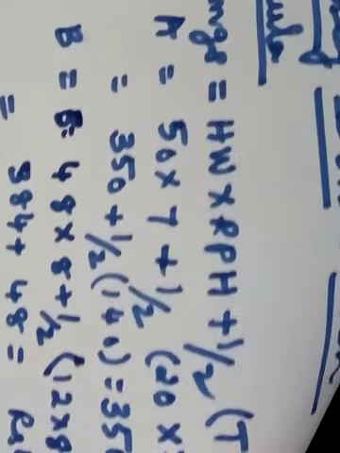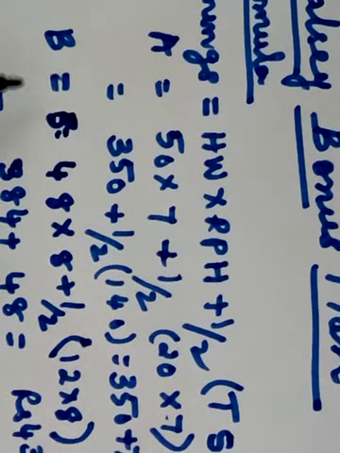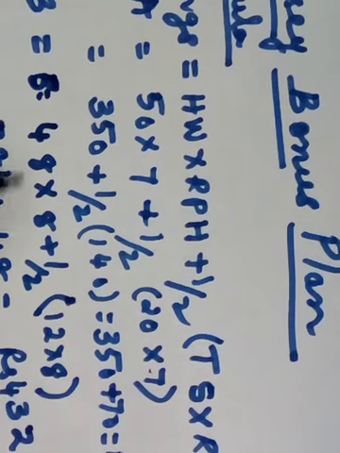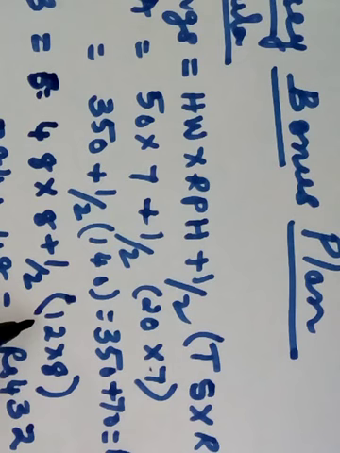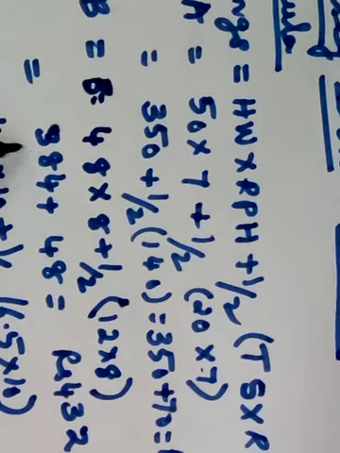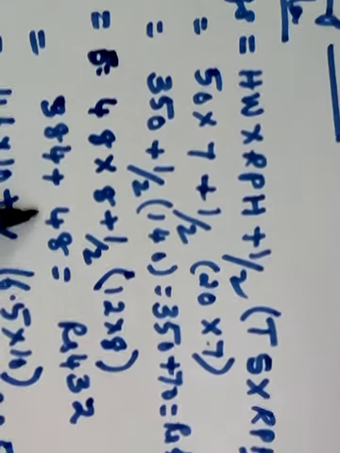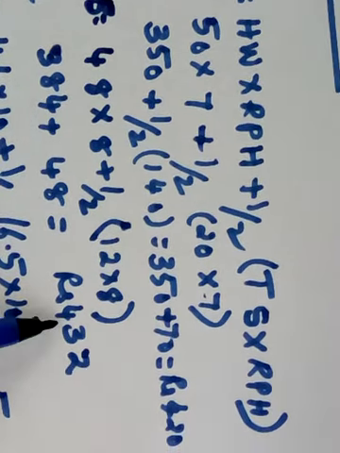In case of B, the earnings is calculated as 48 hours worked into rate per hour 8 plus half of time saved, 12, into 8. So the calculation is 384 plus 48. The earnings of B comes to rupees 432.